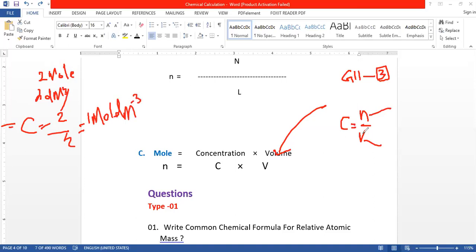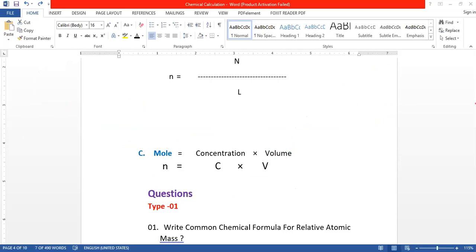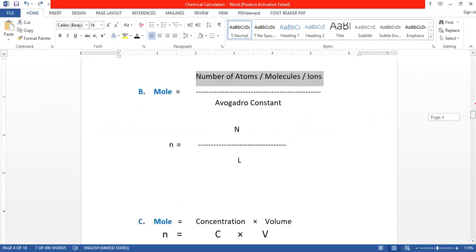So from this equation, if I multiply by V, n is equal to CV. You know, curriculum vitae, you can easily remember. So there are three equations you must know. To find the mole: given mass over molar mass.